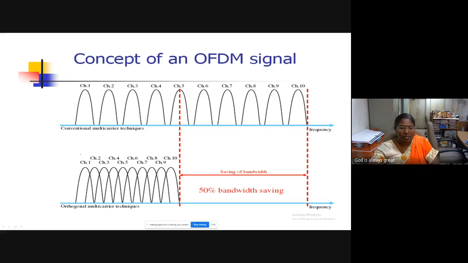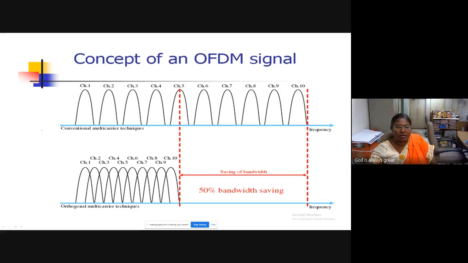This orthogonal way of allocating the subcarriers will save 50% of bandwidth compared to other conventional multi-carrier modulation systems. This is one of the great advantages OFDM gives; whichever system uses OFDM gets this advantage. 50% of the bandwidth is saved.